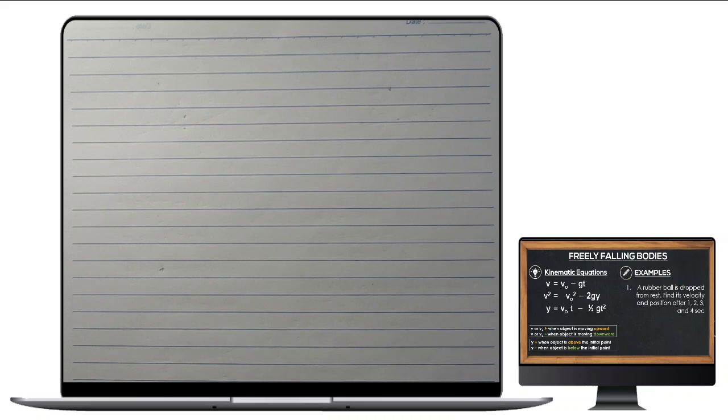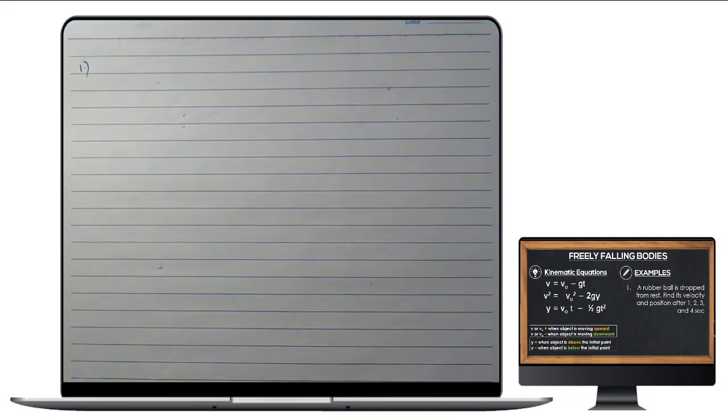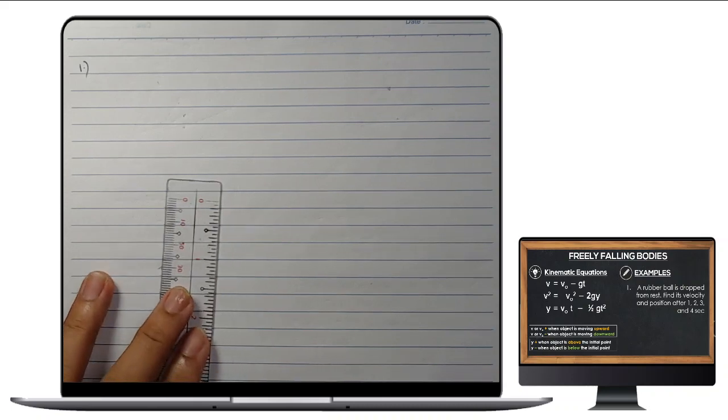Okay, for problem number 1, a rubber ball is dropped from rest. So let's first draw its position.